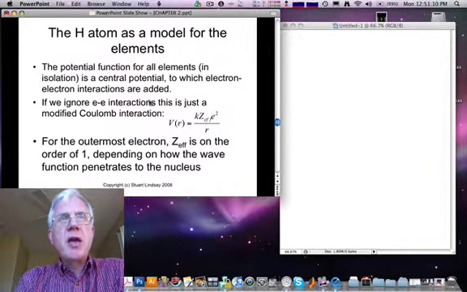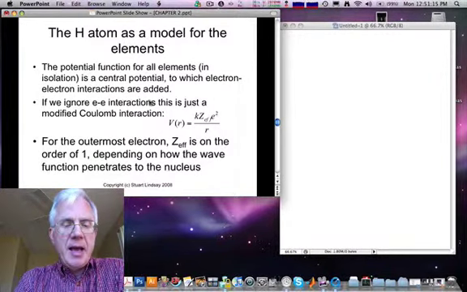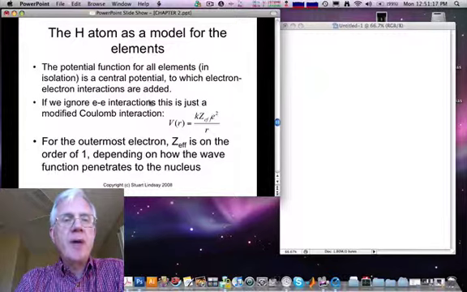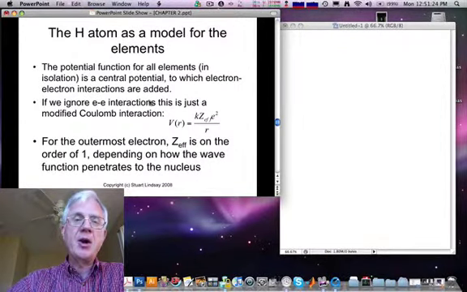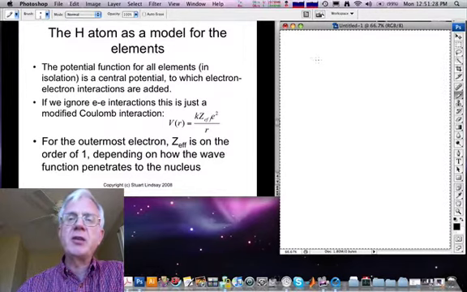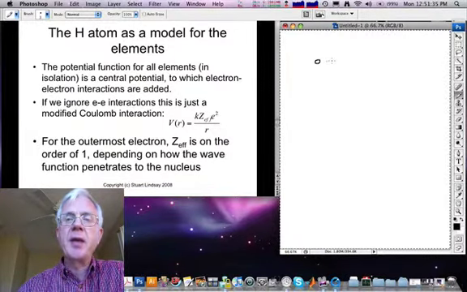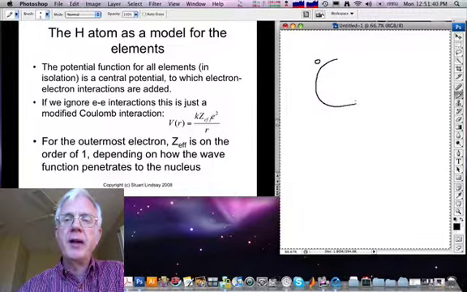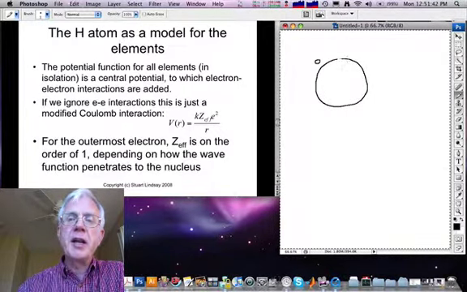So long as we can regard the atom as a cluster of positive charge around which an outermost electron orbits, this picture will still hold. Now, it's clearly not completely accurate, but to a first approximation, it's a good starting point. So here is the outermost electron involved in the chemistry of the atom, and then here is a shell of all the other electrons, all containing negative charge.